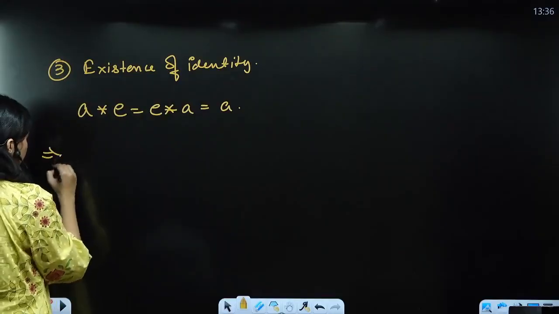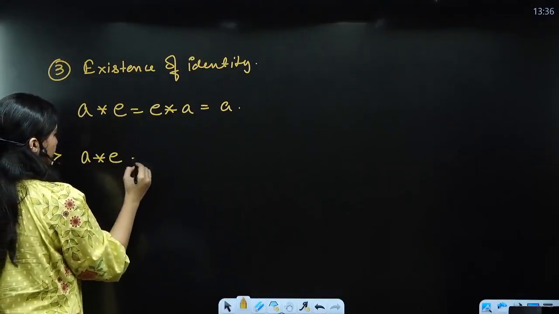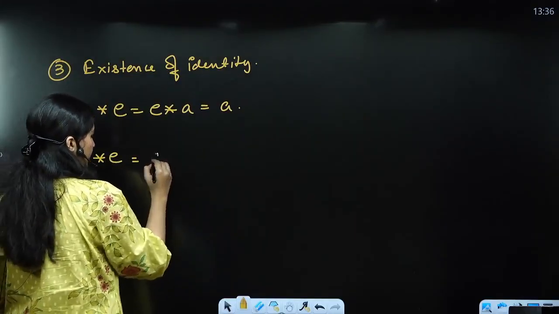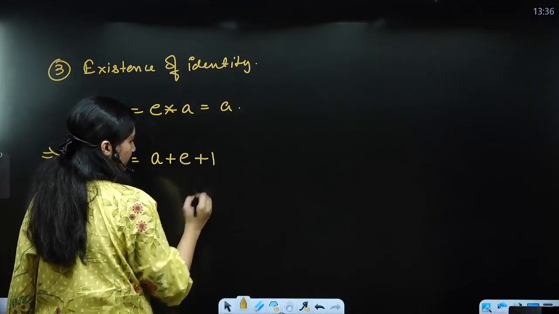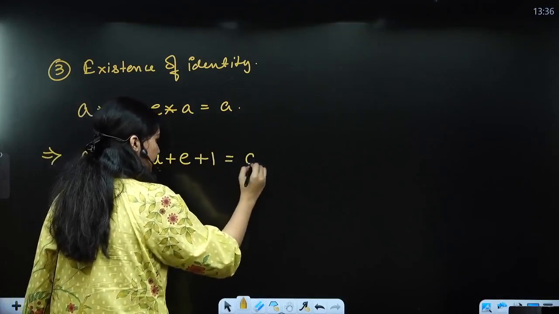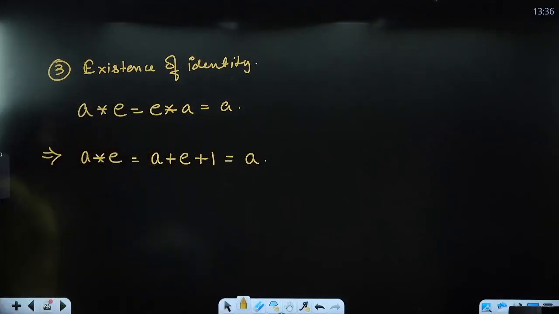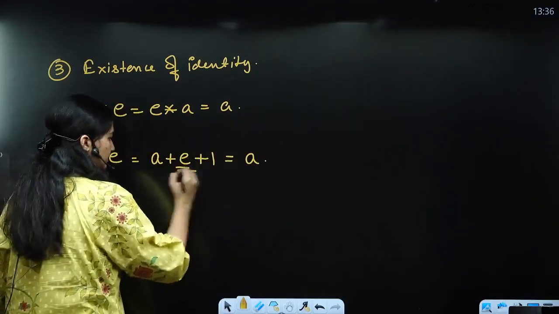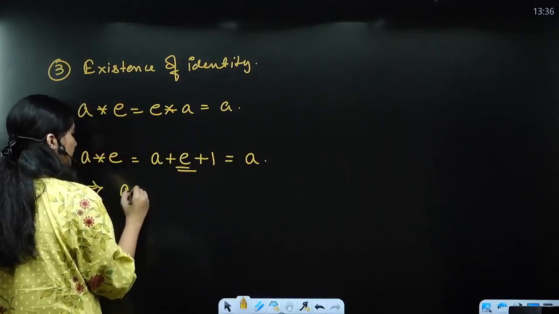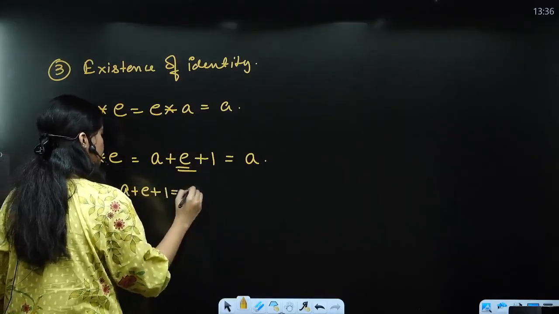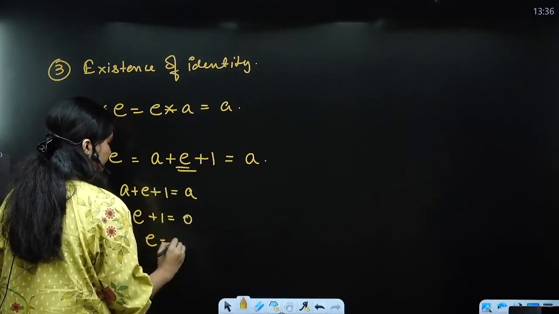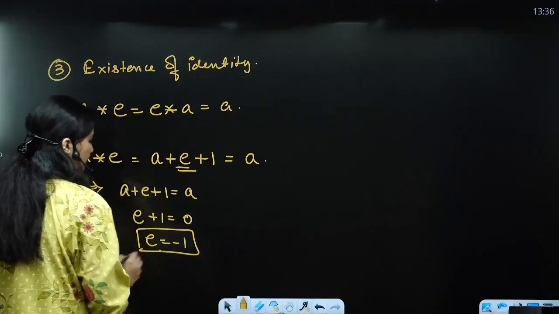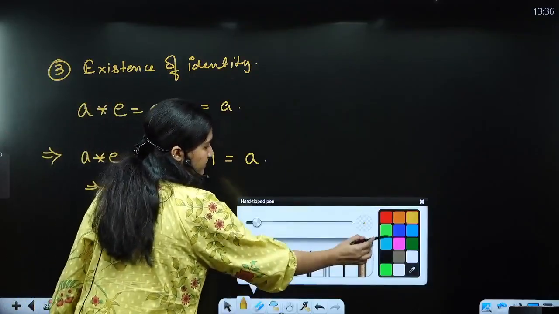So this implies that a star e equals a plus e plus 1, right, and which should be again equal to a, right. So can I find the value of e from here? So a plus e plus 1 equals a. So e is going to be nothing but minus 1.